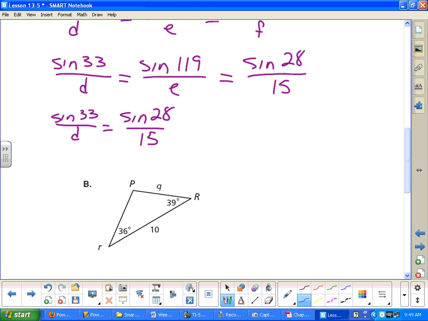I'm going to solve that proportion, and then I will solve the other one: sine of 119 over E is equal to sine of 28 over 15. So the ratio that you find that's complete, you put that with the other two that are incomplete and solve to find the missing parts.